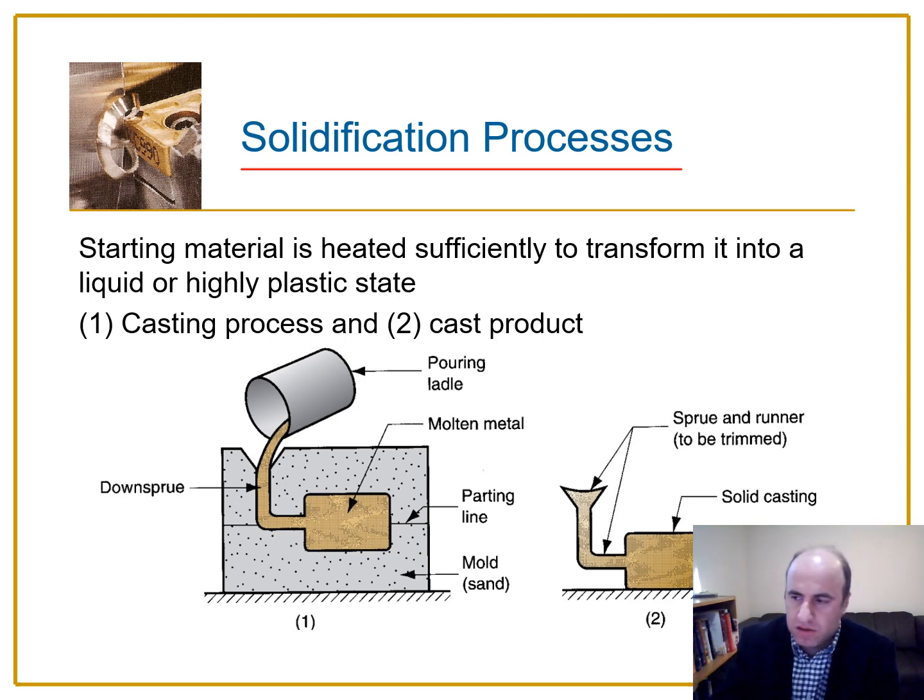In this technique, the material is transformed into liquid or semi-fluid, and then poured into a mold cavity, or sometimes we need to use force to push the material into the mold cavity, and then let it solidify. It requires a certain amount of time. Then the material will take a solid shape that is the same as the cavity.